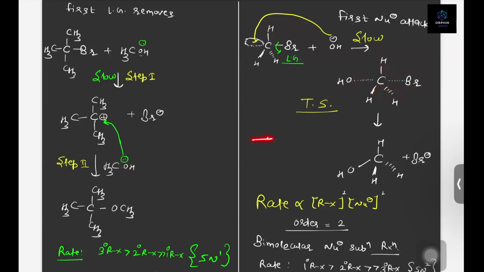The graph looks like that. Because of the electron withdrawing group, the transition state will become lower in energy because it will become more stabilized. Because this carbon has high electron density, if you have some electron withdrawing group, the high electron density will be compensated or stabilized.